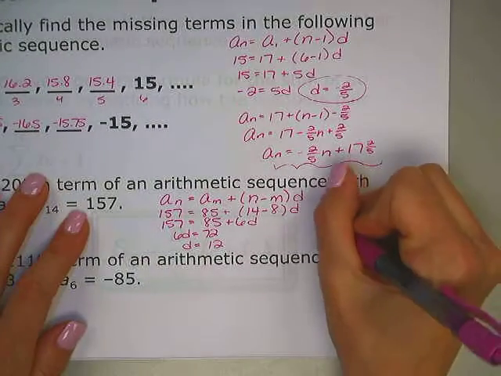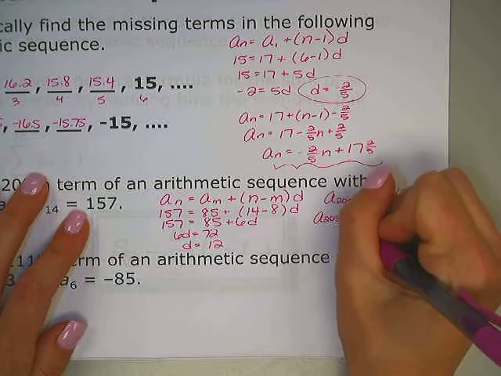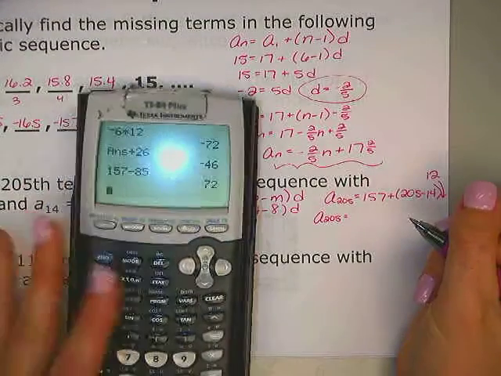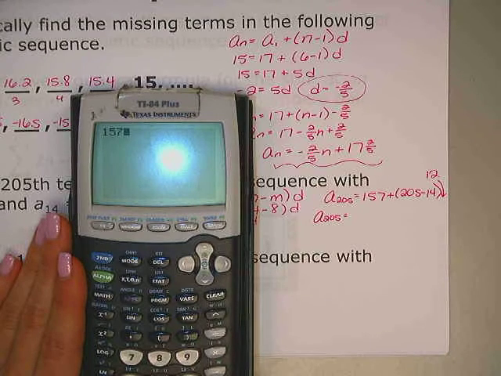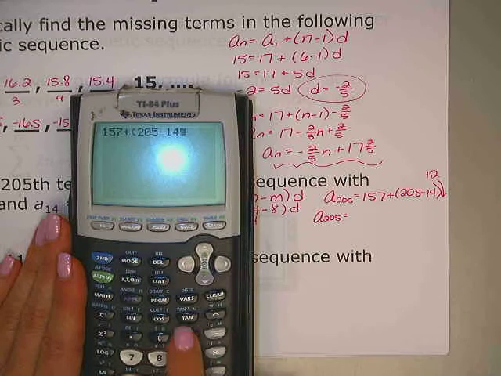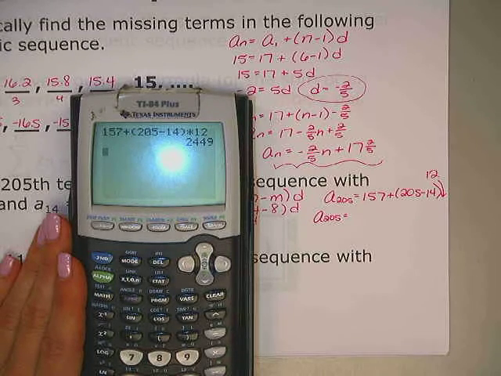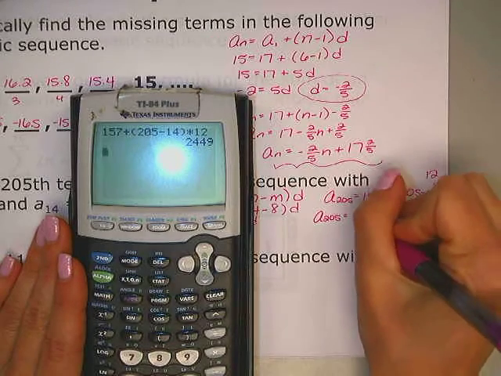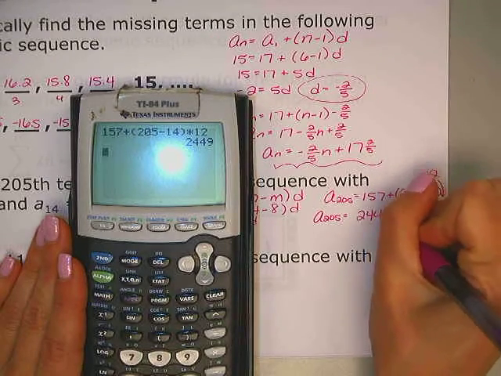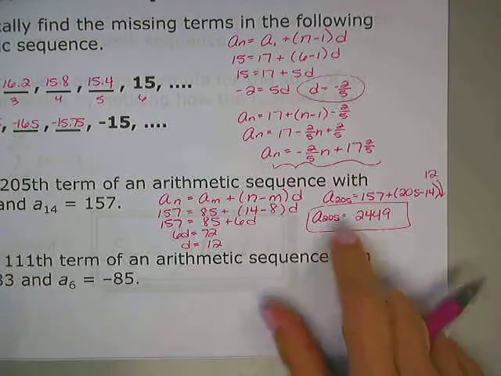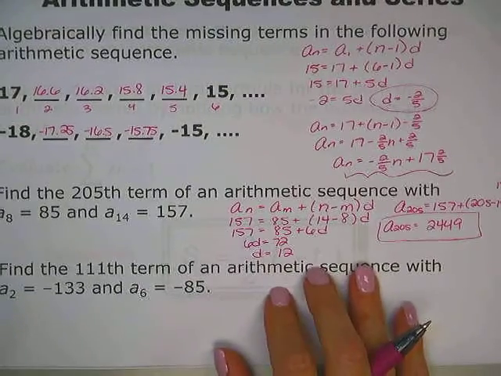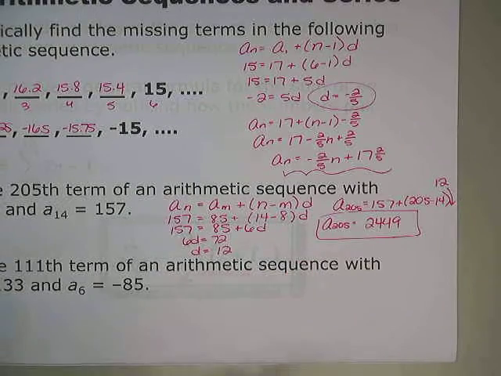Let's see, so a sub 205 equals 157 plus 205 minus 14 times 12, which comes out to be 2,449. So the 205th term in the sequence would be 2,449.